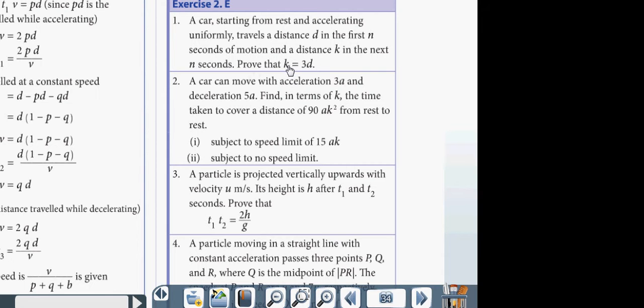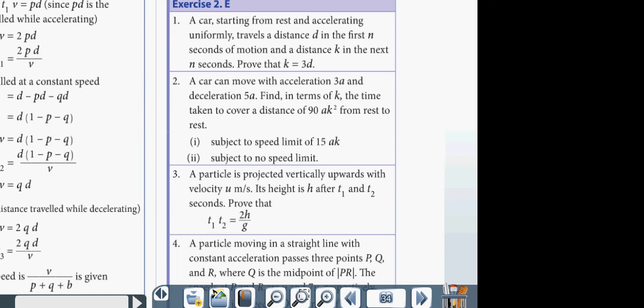Okay, so what we know is that it travels d in the first set and it travels k in the next set. So we've got to SUVAT both systems, okay? So what we're going to do here is just SUVAT both systems.